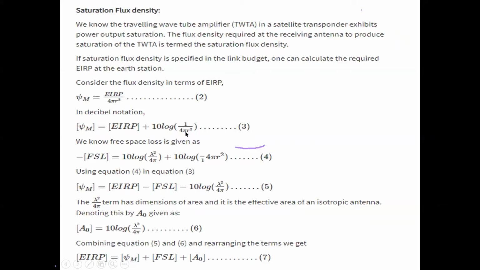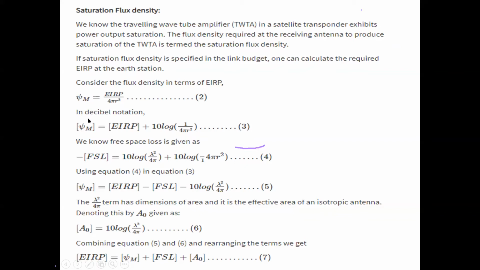Now all of us are aware of the expression of free space losses, which I gave in the last class, that FSL is 10 log of lambda by 4 pi r, whole square.